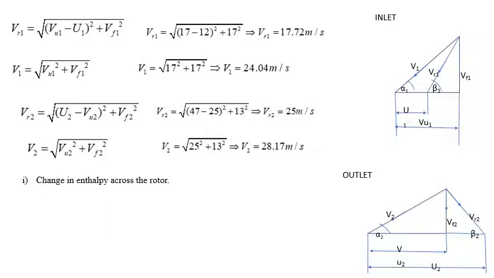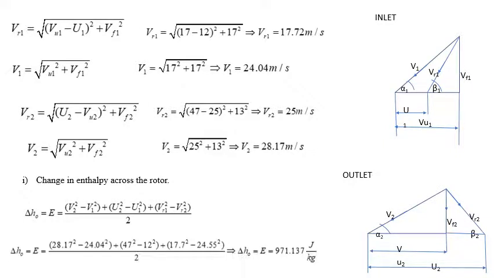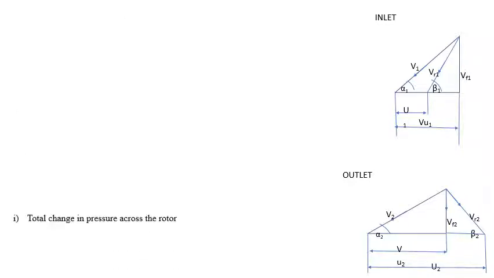First of all, find out change in enthalpy across the rotor. So that is given by the expression delta H naught, or energy transfer, is equal to V2 square minus V1 square plus U2 square minus U1 square plus VR1 square minus VR2 square, all divided by 2. By the substitution of the values here, finally we will get the energy transfer equal to 971.137 joules per kg.